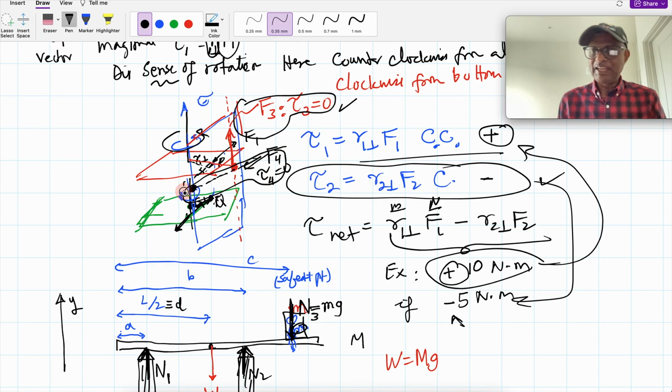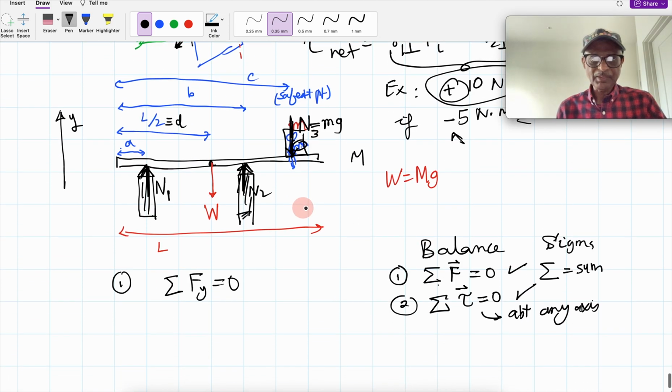If it's going to cross the axis anywhere, torque will be 0. Okay, and this is very easy to see because the lever arm will be 0 for this. All right.